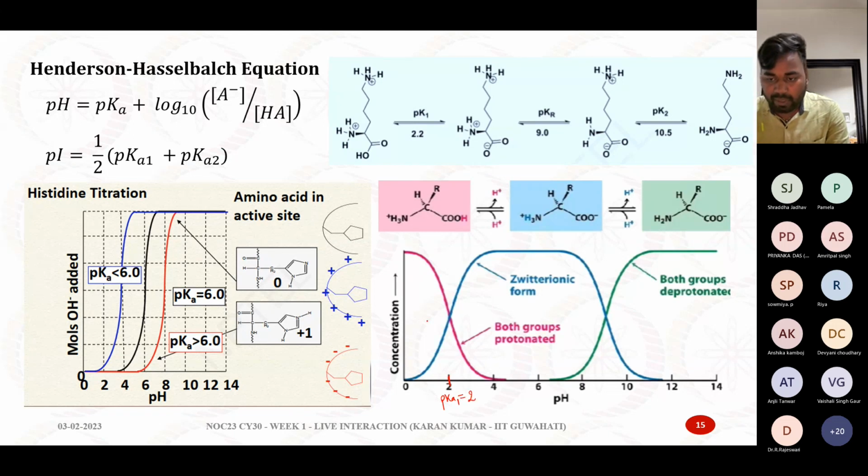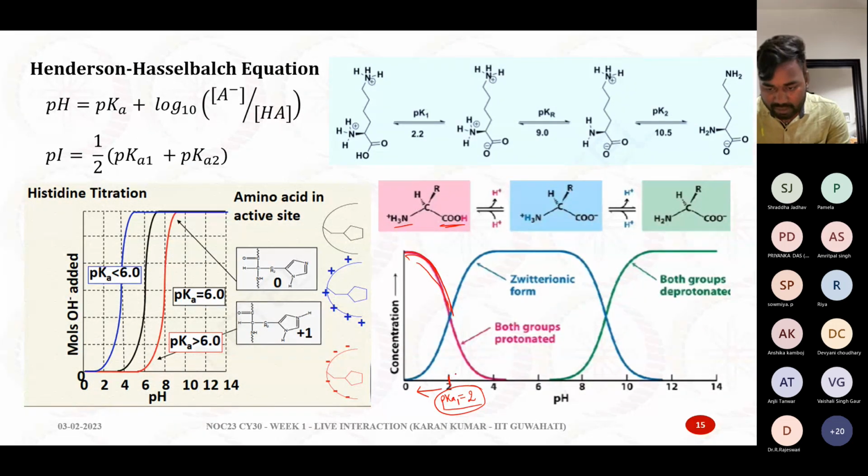So at pH lesser than 2, there will be no zwitterionic form, but both the amino group and carboxylic group will be protonated.